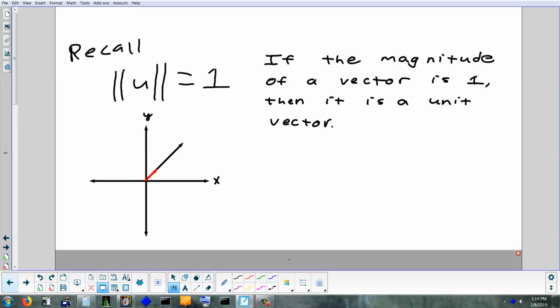What we want to figure out is how can you take something that's too long and shorten it to make it exactly 1 unit long. Or you could have the opposite problem: you take something that's too short and lengthen it. But the goal is you want to end up with something 1 unit long. So let's see if we can figure out the formula to do that. I was wondering, would you use kind of division?